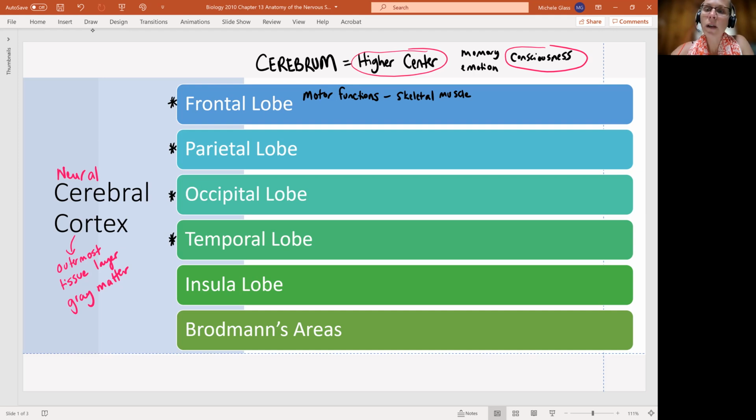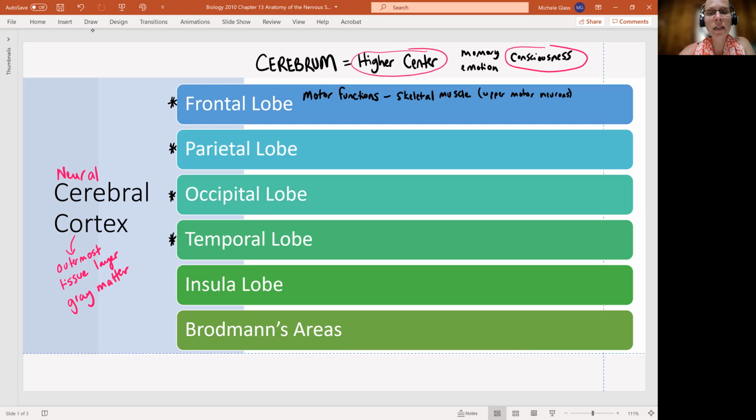This is going to be where our upper motor neurons are located. So some of you picked up on that in our reading from chapter 12. We'll talk about that more when we get into chapter 14. So that'll be an area that we talk about quite a lot.